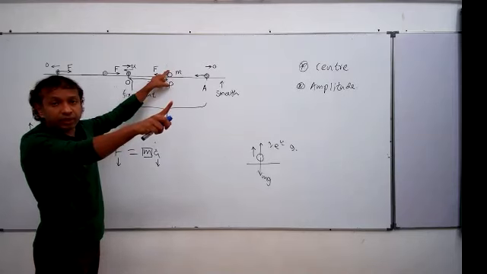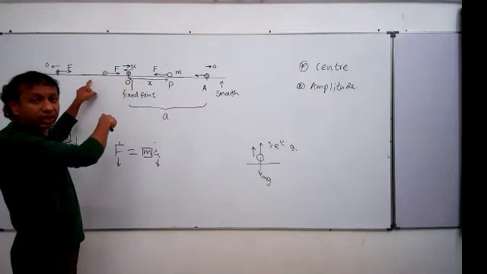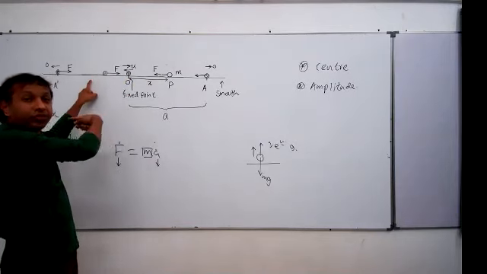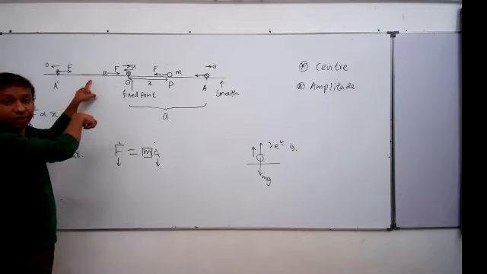And when the particle passes the point O to the left, when it is at the same distance L away from O, while going leftward towards A dash, the particle will have the same retardation and the same velocity.